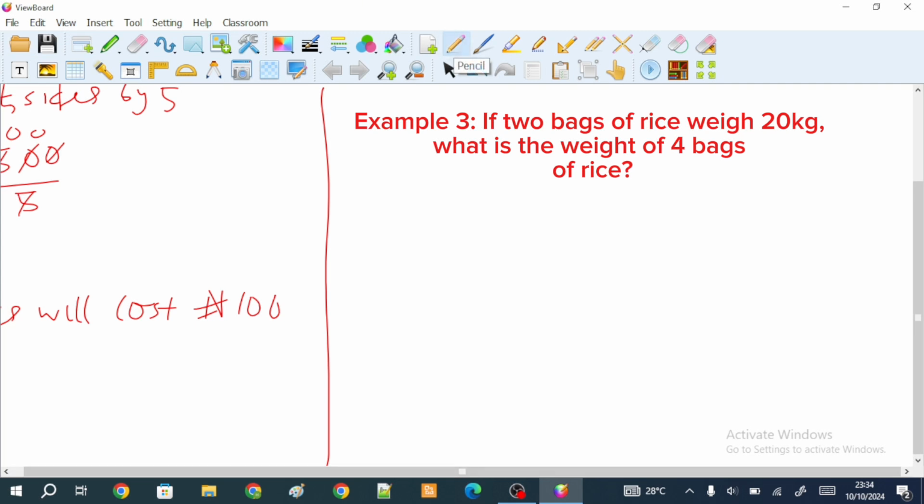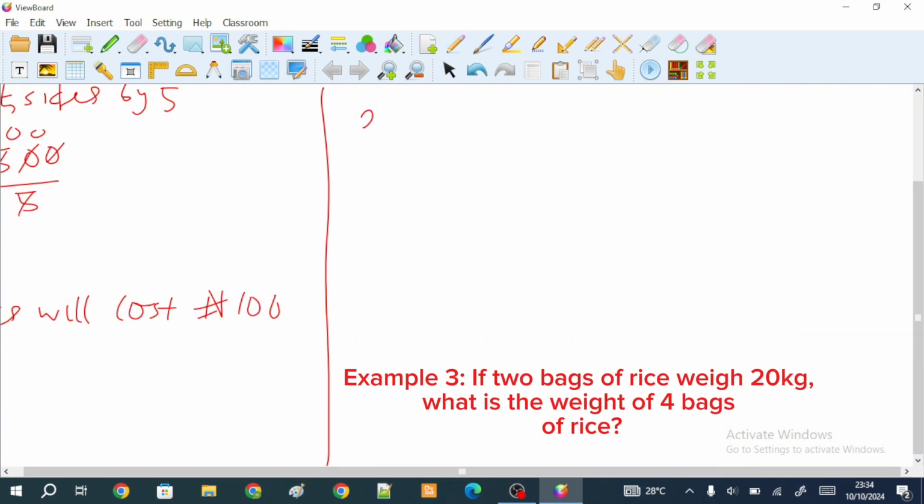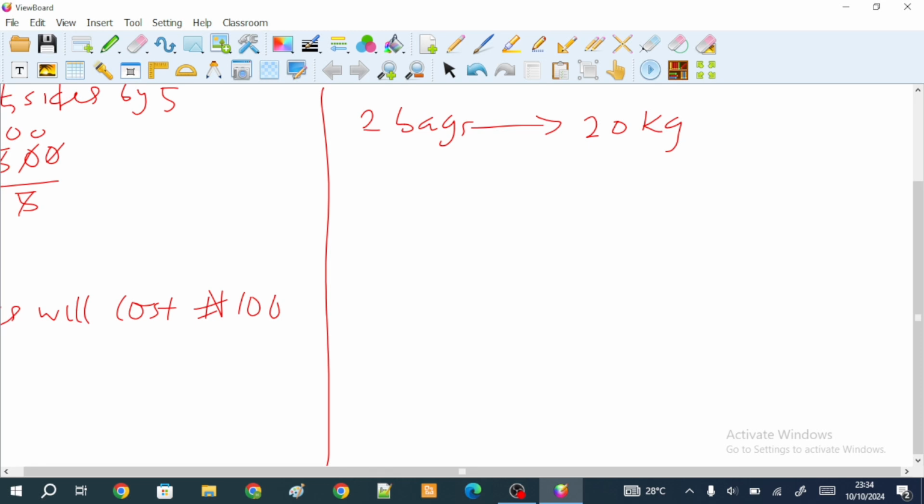So for this question, the first part of the sentence, we have 2 bags of rice. 2 bags, put an arrow. 2 bags weigh 20 kg. You remember that? And the second part of the question says, what is the weight of 4 bags?